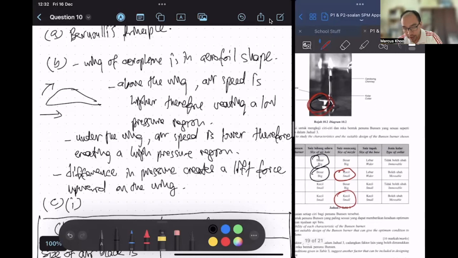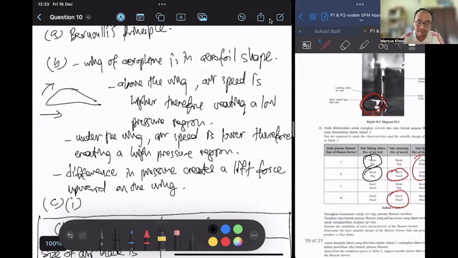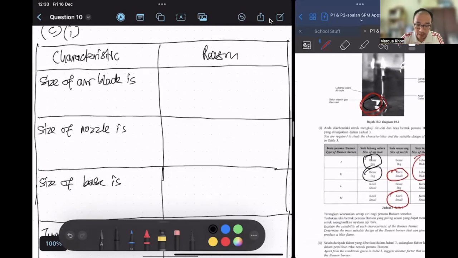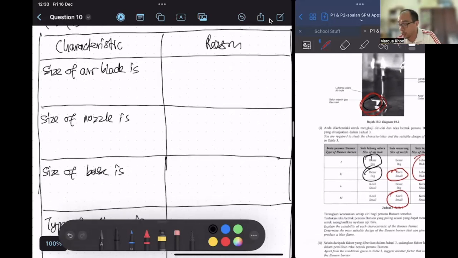Next, the size of the base. This is a very easy question. The base has to be big so that you have more stability. And then of course the type of collar must be a movable collar, because if you have a movable collar, then you can adjust the amount of air that is coming in. Just like the question just now, the size of the air hole, sorry, why did I write air blade?